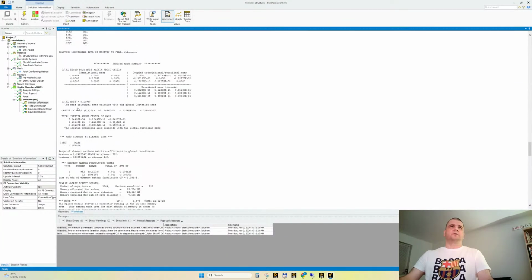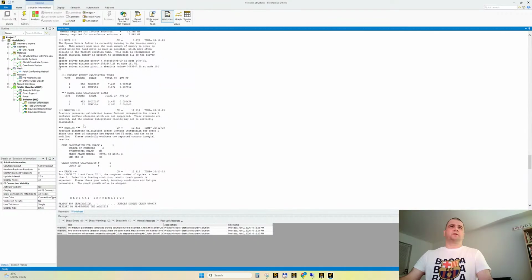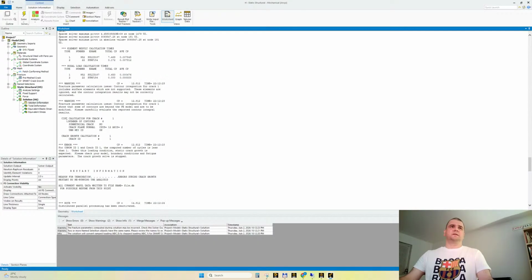The FEA worked, only there is no crack propagation. This is how it looks when there is a crack propagation. Unfortunately, the computed number of cycles is less than 1.